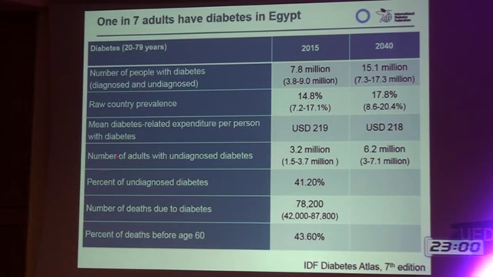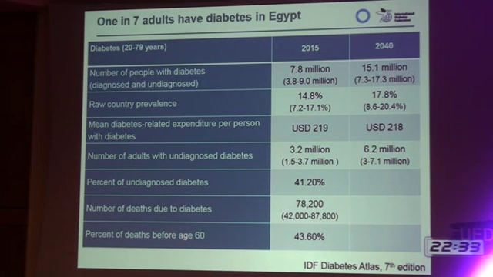And the number of adults with undiagnosed diabetes in 2015 is about 3.2 million, and that is expected to increase again by about 100% to about 6.22 million by 2040, which indicates about 41% are still not diagnosed with diabetes, even though they have diabetes. Okay, the number of deaths due to diabetes in your country is about 78,000 each year.